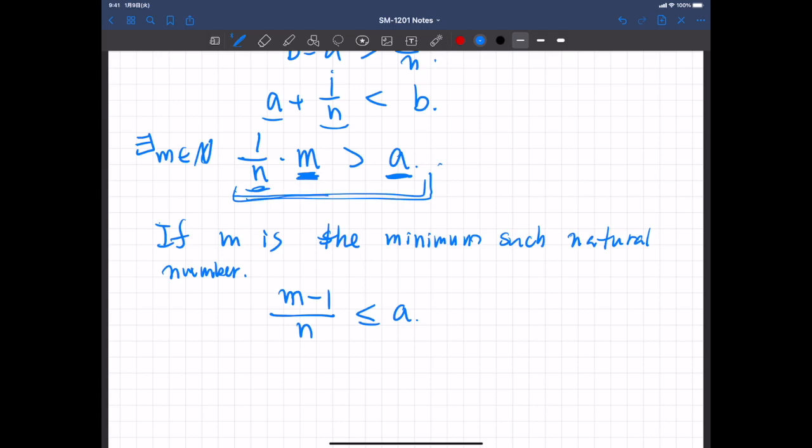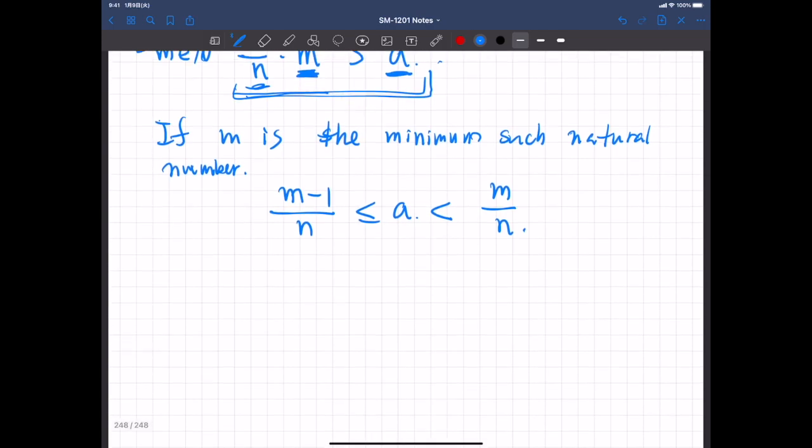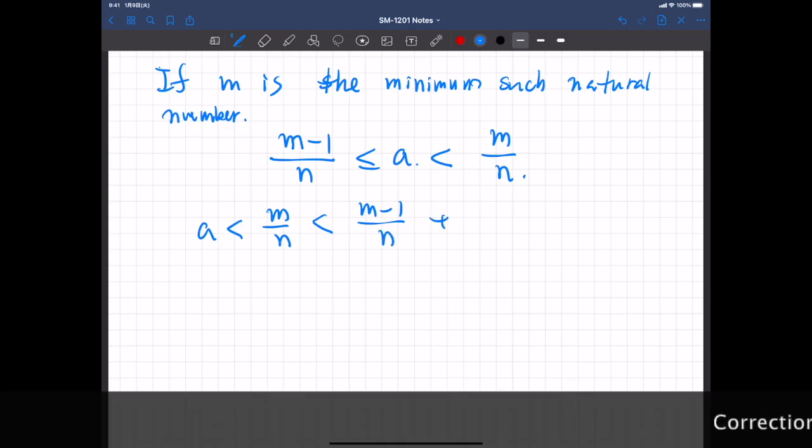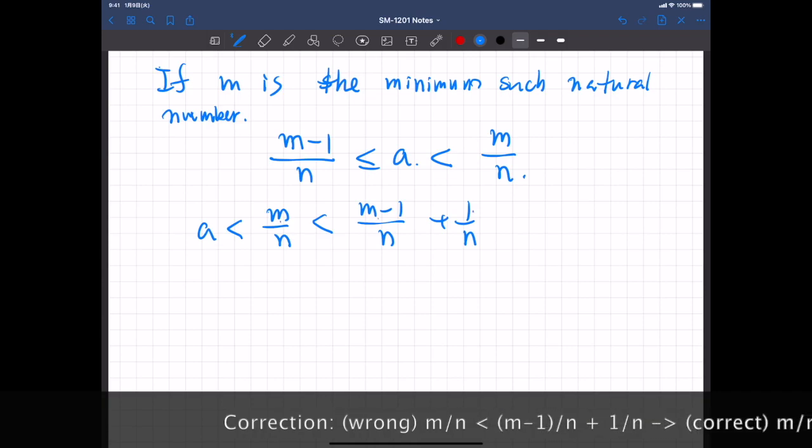And from this, a is less than m over n, which is m minus 1 over n plus 1 over n. Now we just split m into m minus 1 and 1.